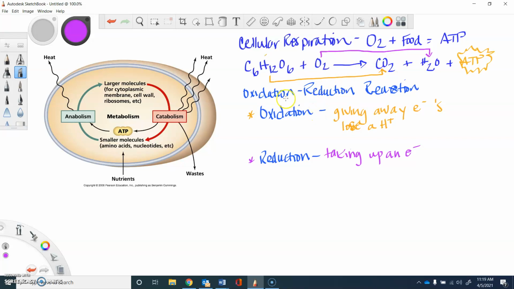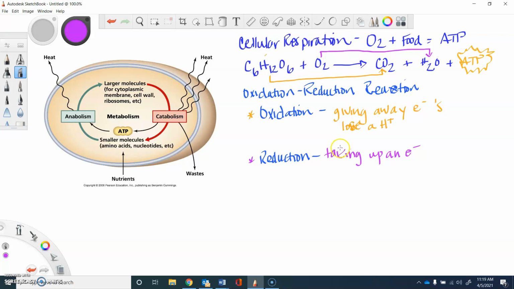All right, so in order to remember that, don't forget, oxidation is loss. O-I-L, oil. Reduction is gain. R-I-G, rig. So oil rig. Oil, oxidation is loss. Rig, reduction is gain. Okay? So you don't want to forget that.